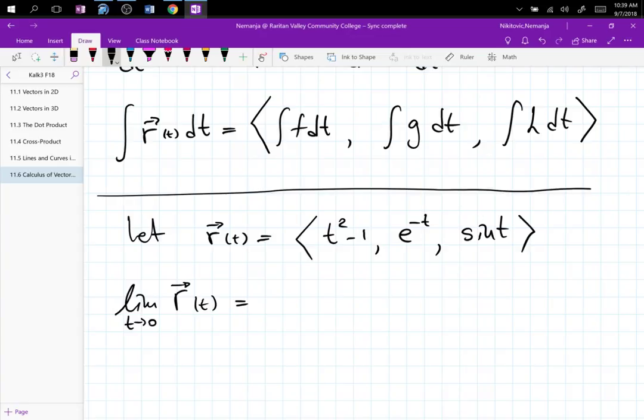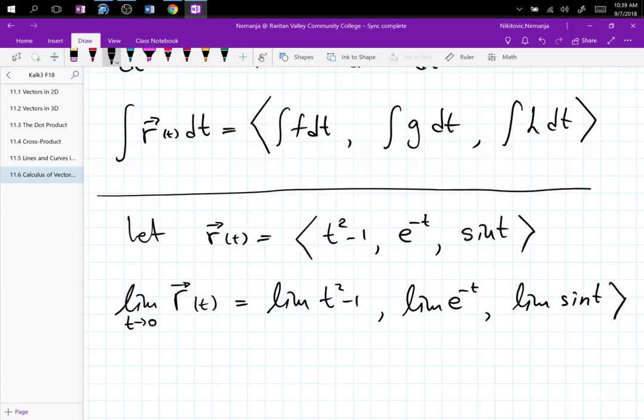So it's the limit of t squared minus 1, the limit of e to the negative t, and the limit of sine of t as t goes to 0. So the first one will be negative 1, the second one will be positive 1, and the last one will be 0. So that's the limit.